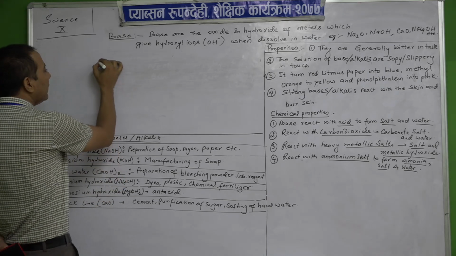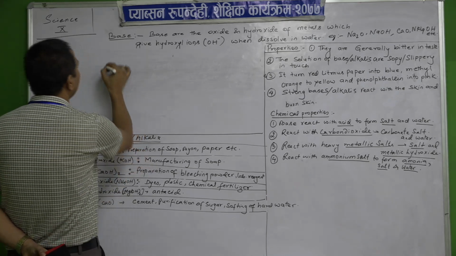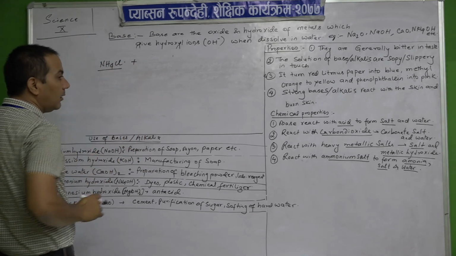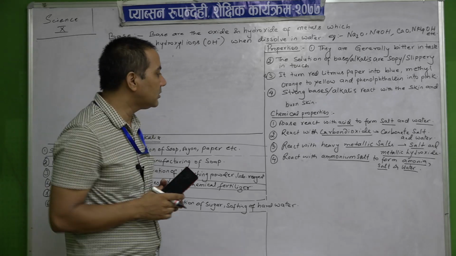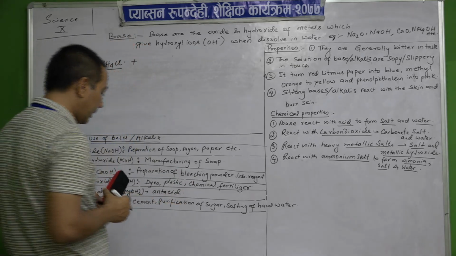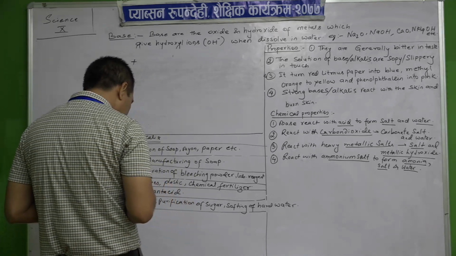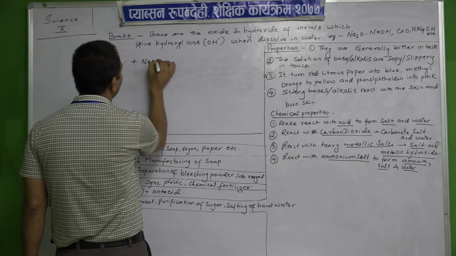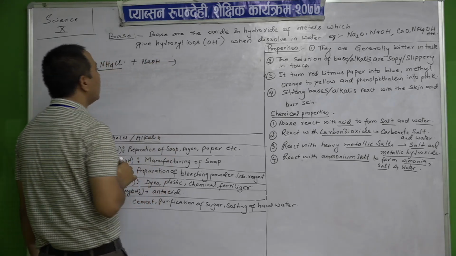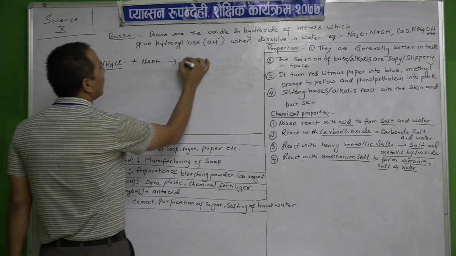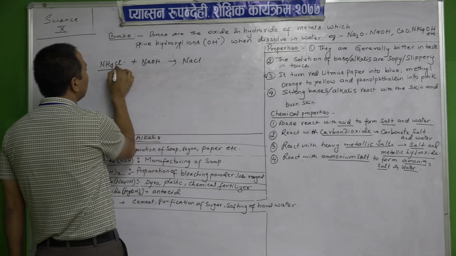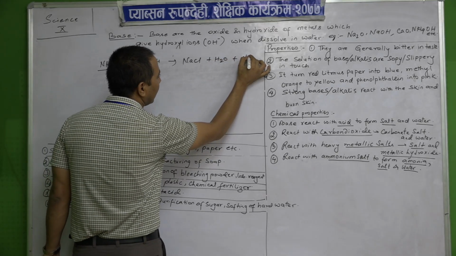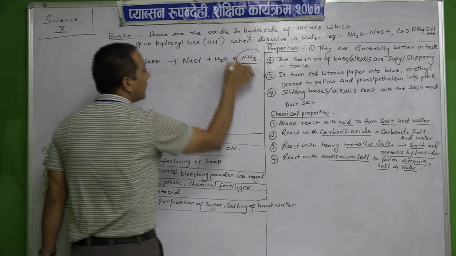What happens when it reacts with an ammonium salt? When it reacts with an ammonium salt, it produces NaCl plus water plus NH3. So, what is this?